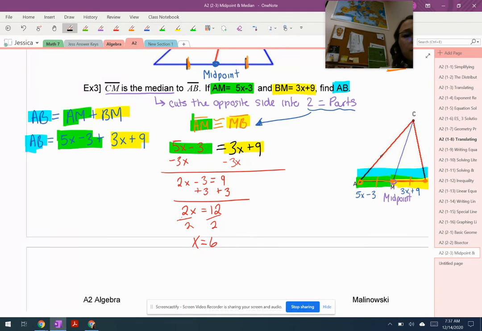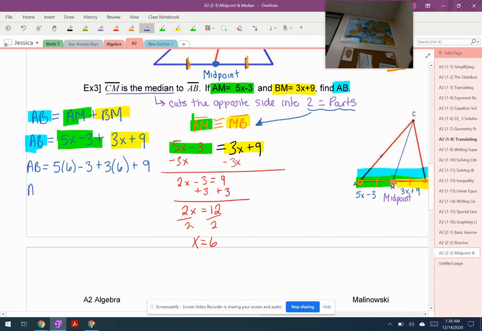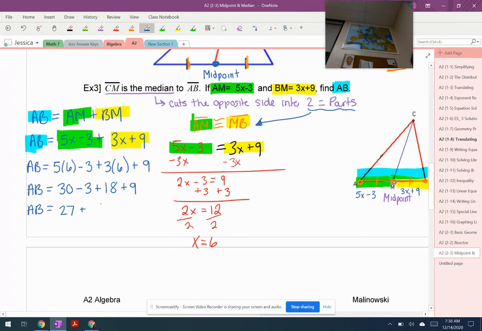Okay. And I know that x is equal to 6, so I'm going to use that here. AB is equal to 5 times 6 minus 3, plus 3 times 6 plus 9, and then we just do the math. 6 times 5 is 30, minus 3 is 27, plus 6 times 3 is 18, plus 9 is another 27.